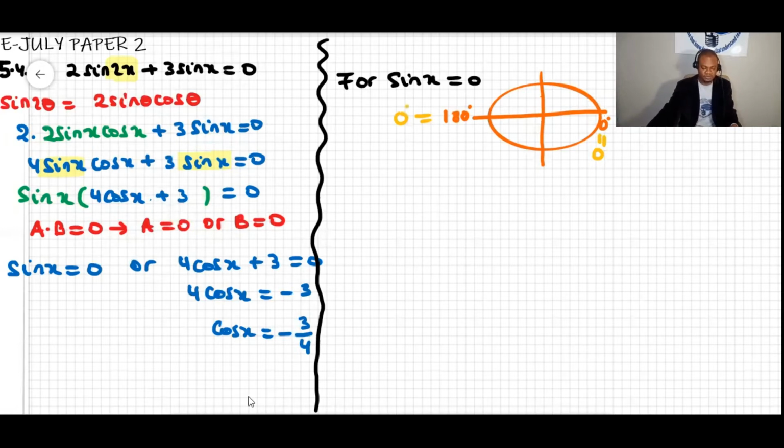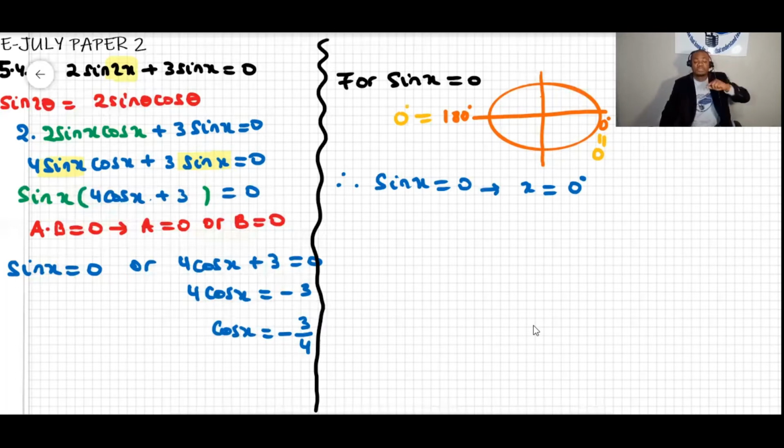So I will say therefore, for sine x equal to 0, this implies that x equal to 0 degrees, because this is where sine x is equal to 0. Now, because we're talking about the general solution, we talk about the solution for all the cases. Sine has a revolution of 360 degrees, meaning every 360 degrees we retrieve the same value of the angle.